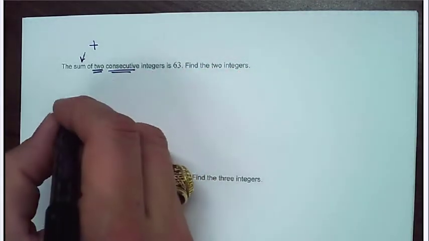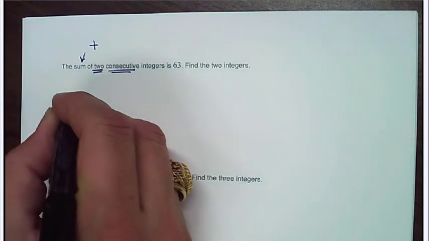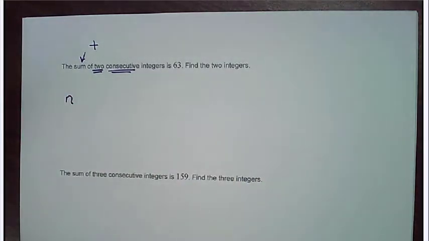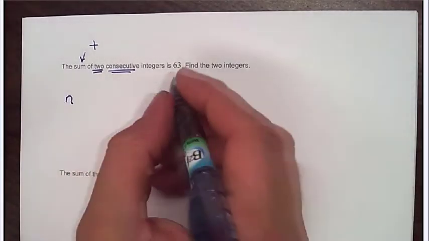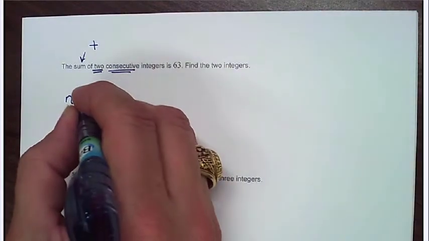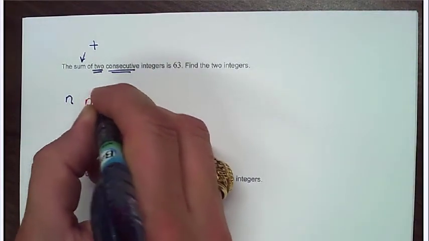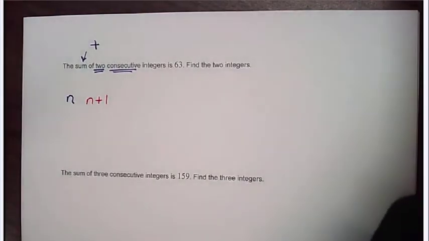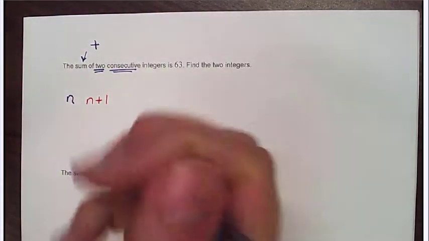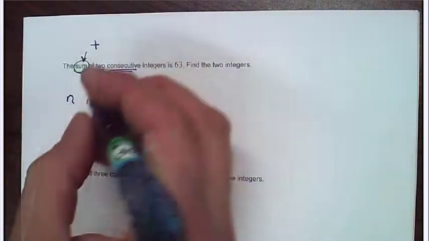So remember, our n is our starting point, and that is also our beginning variable. So there's our first number, n. The second number, because we want 2, is going to be n plus 1, because I just want one number up the line. I'm dealing with the sum, so I need addition.